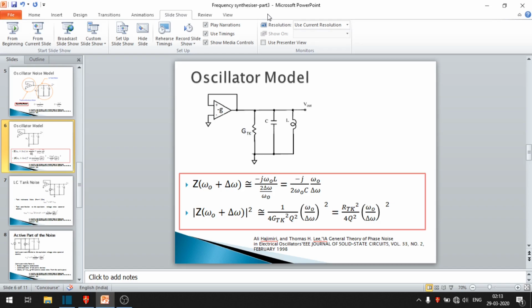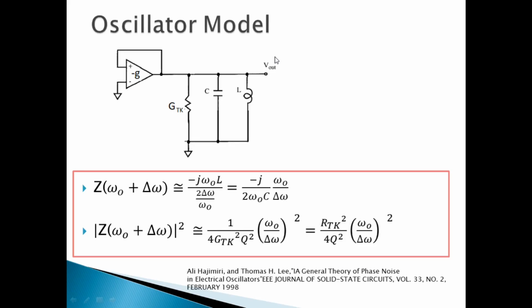So you can see the tank impedance expressed at a certain distance from the carrier. We can see that the tank impedance decreases when the offset from the carrier in frequency increases. There is an inverse relation.